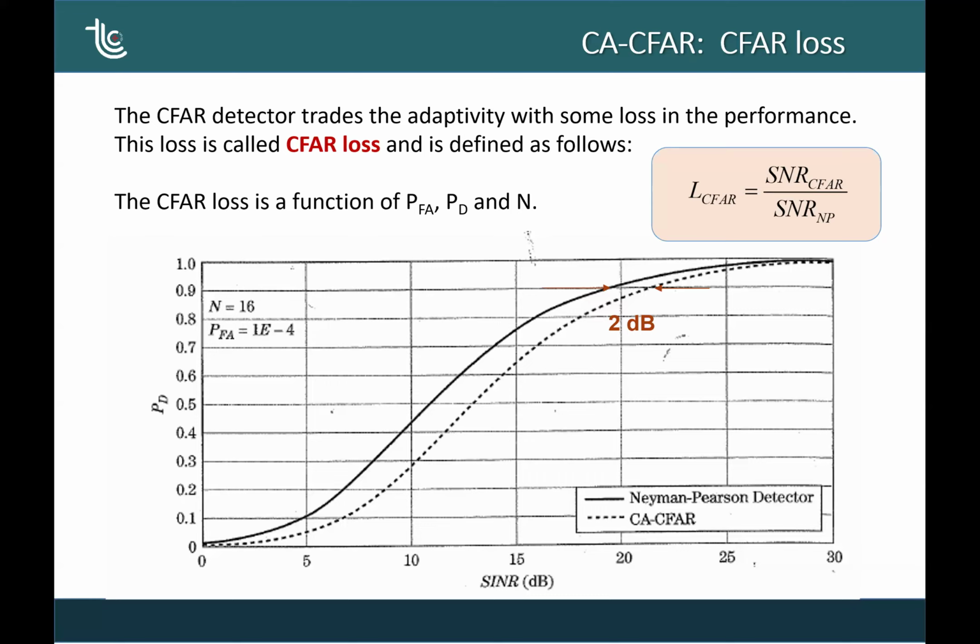For the CA CFAR detectors, we need about 2 extra dBs, so higher signal to noise ratio to get the same performance. This is because our detector is adaptive, so we pay this adaptivity and the CFAR property, okay, with this increase in the signal to noise ratio.